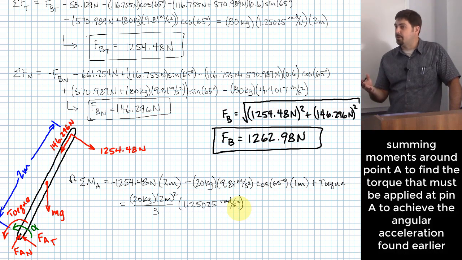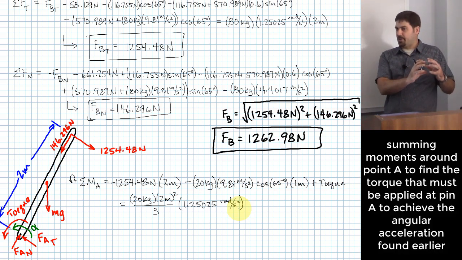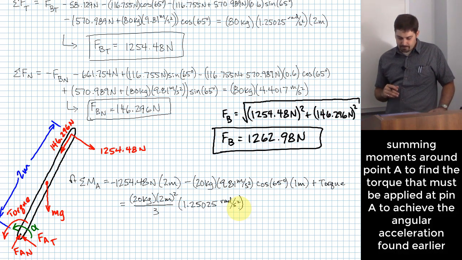There's two ways to do it, right? You can either take the moment of inertia around the center of gravity, and if you're summing moments around some other point, then you have to add this kinetic moment term. Or if you are summing moments around another point and you know the moment of inertia around that other point, then you just can use that. You don't need the kinetic moment term.